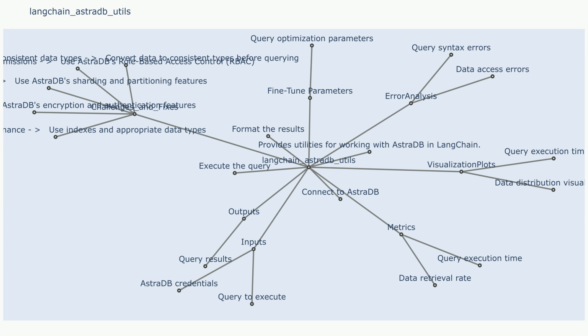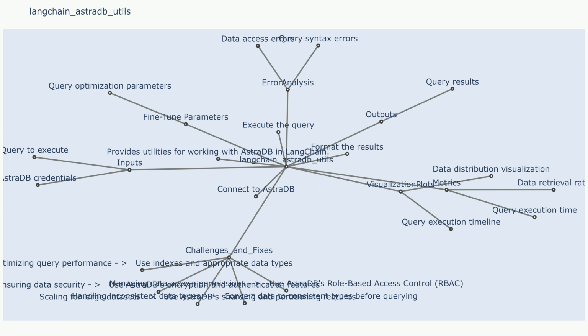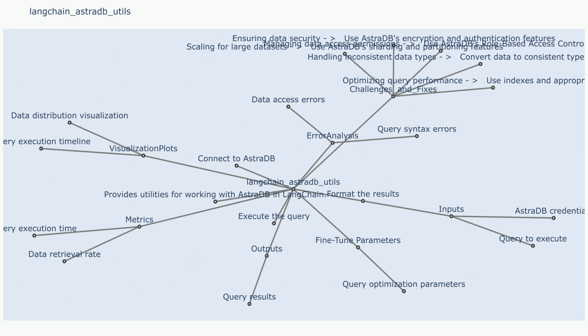Inputs. Connection parameters: the utils require connection parameters to establish a connection to Astra DB, including the Astra DB database URL, keyspace name, and authentication credentials. Query: a SQL query that will be executed against Astra DB. This query can be a simple select statement, an insert query, or any other valid SQL command.